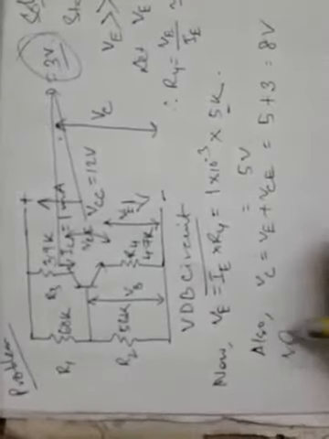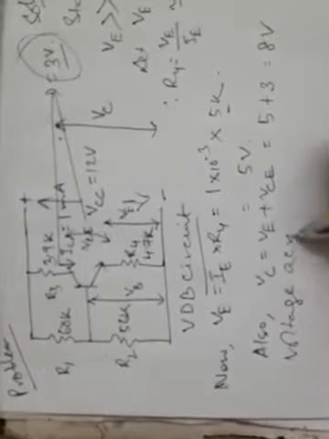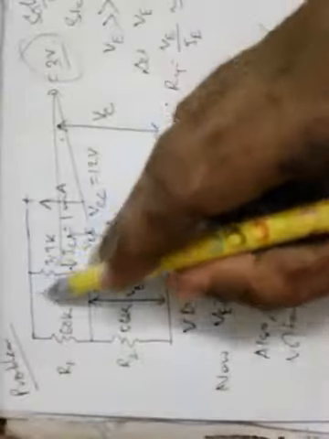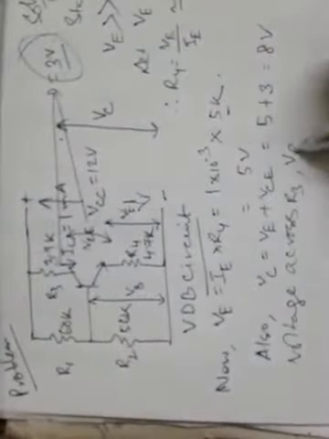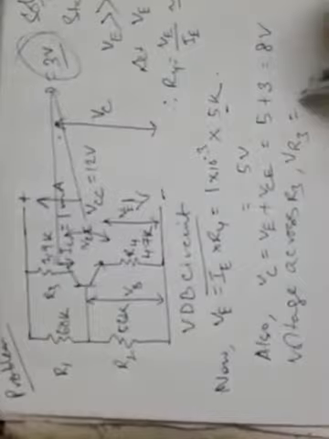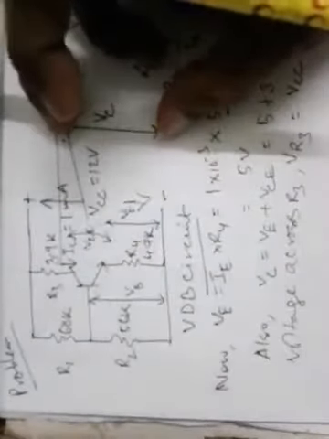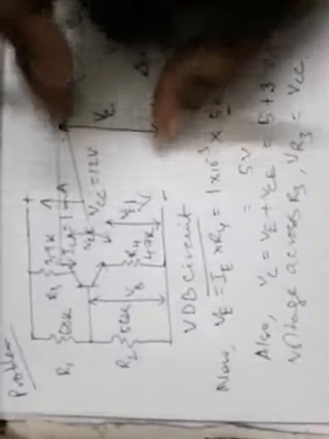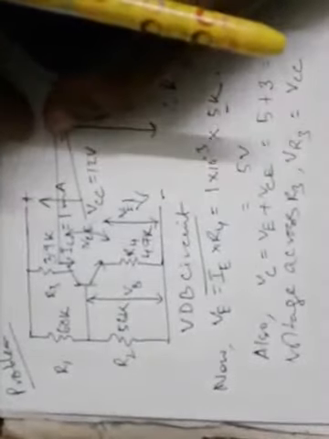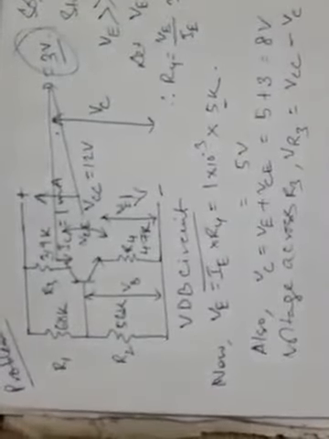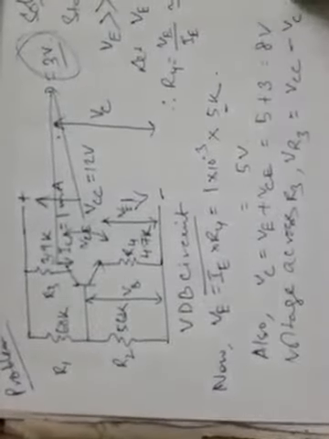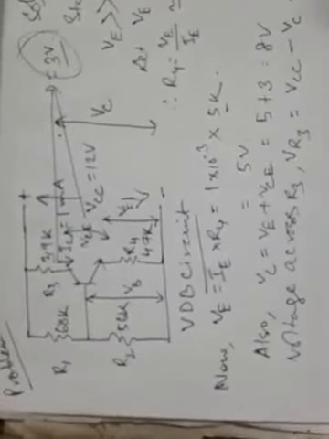Now the voltage across R3 is denoted by VR3. R3 is this resistance, you can say the collector resistance. VR3 is nothing but VCC, the whole voltage, minus VC, the balance voltage. VCC is full and VC is this much, so the rest is the voltage across R3, which is VR3. So VCC minus VC, that means 12 minus 8, that is 4 volt.